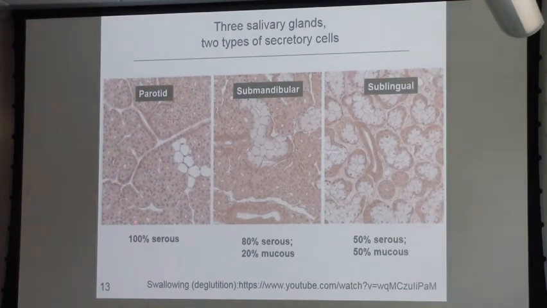Some of the cells of a salivary gland secrete mostly watery saliva, and some of them secrete a mixture of watery saliva and mucus saliva. There's a slightly different proportion of watery saliva that contains amylase and mucousy saliva that contains mucus, secreted by the different glands in the mouth. Not a big deal.